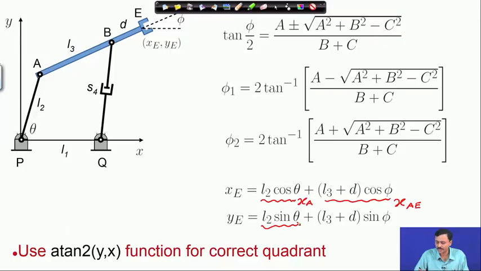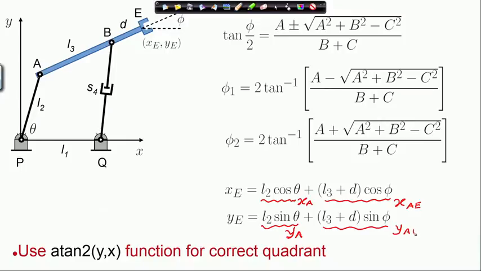Similarly, in the expression of y e, you have L 2 sin theta, which is the y coordinate of A, and the second term is nothing but the y projection of this A e, which is L 3 plus d sin phi.